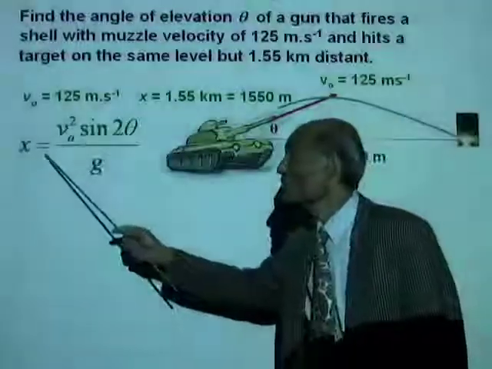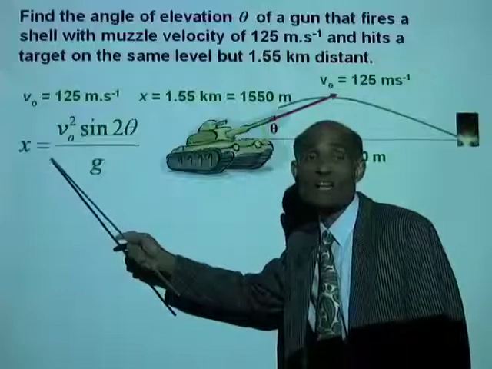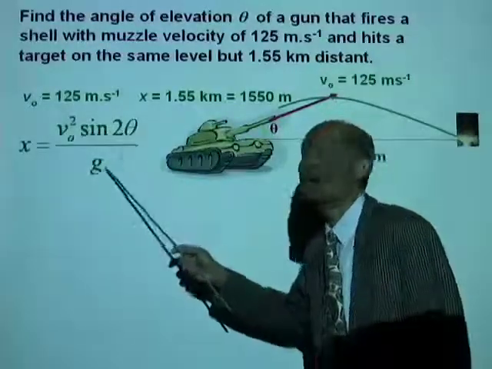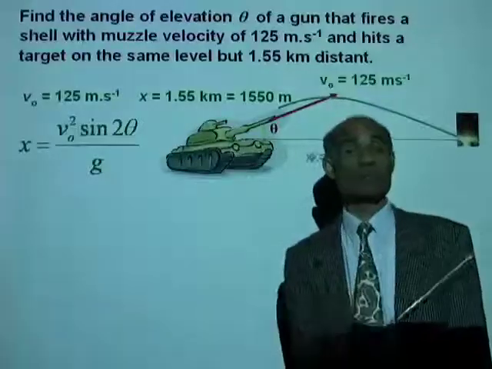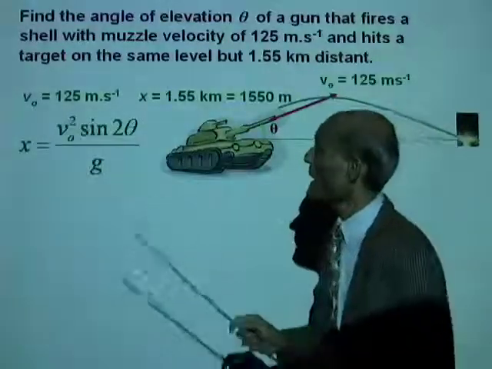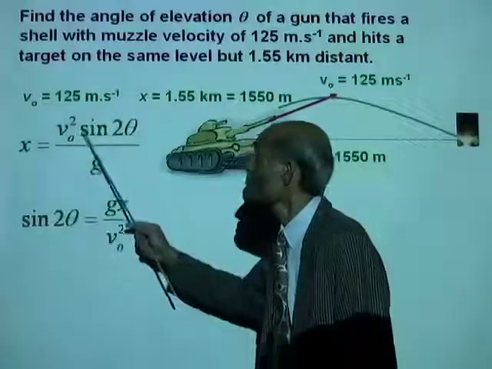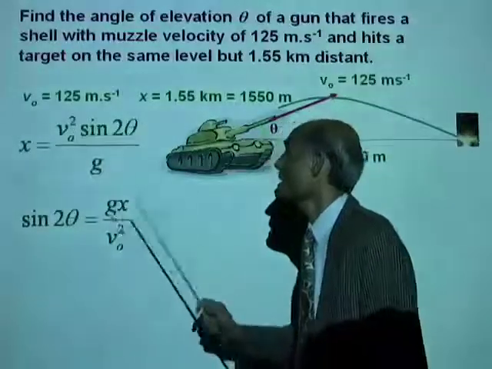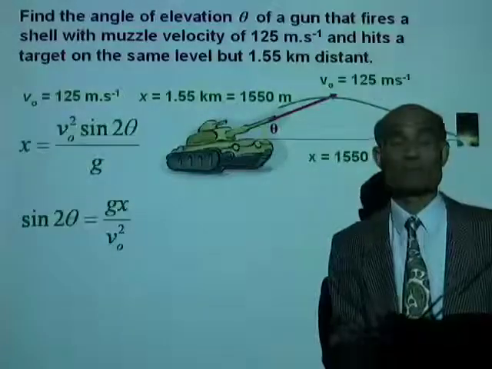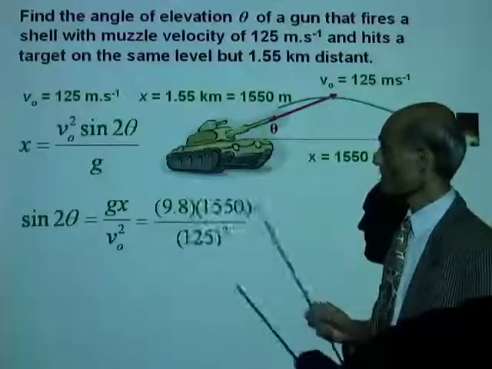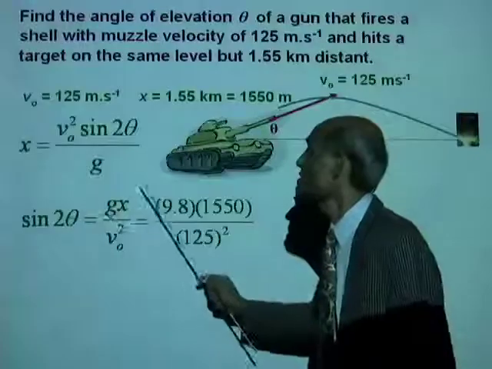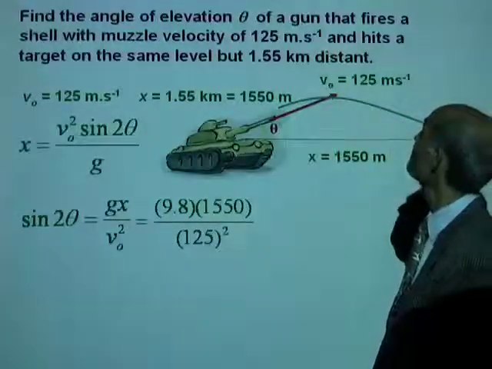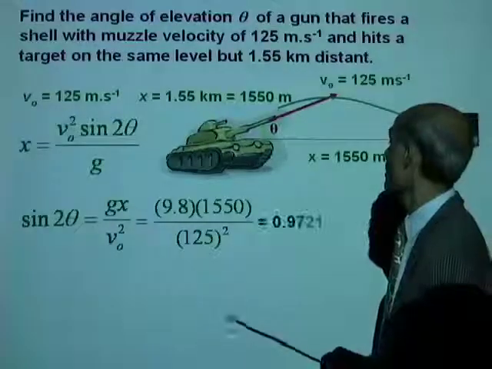Well, you know the horizontal range x equal to V0 squared sine 2 theta over g. We used that in the previous problem. Therefore, sine of 2 theta equal to xg divided by V0 squared. Now g we know, x we know, and V0 we know. All these values you know.